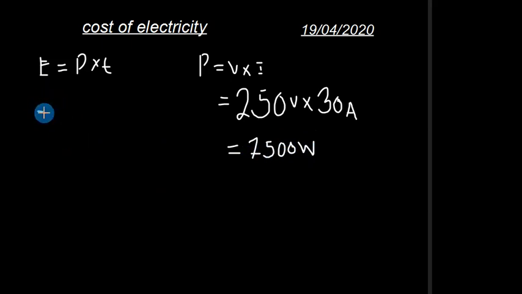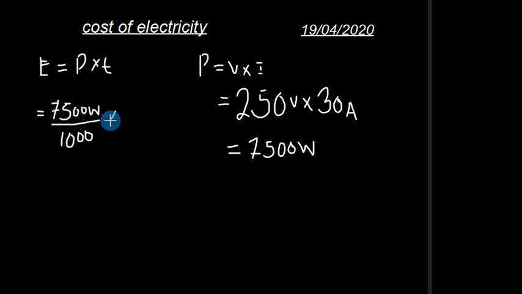So our energy is going to be this power, 7,500 in watts, but we want it in kilowatts, so we divide by 1,000. When converting from watts to kilowatts, you divide the watts by 1,000.